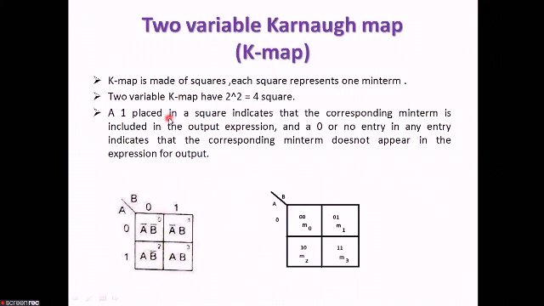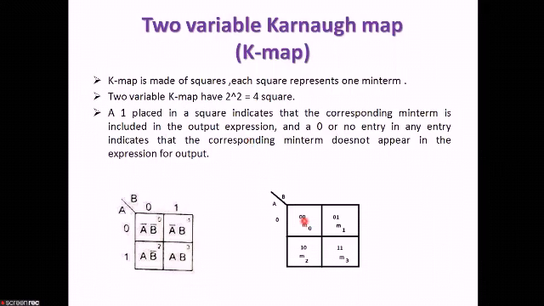Now see, a 1 placed in a square indicates that the corresponding min term is included in the output expression, and a 0 or no entry in any square indicates that the corresponding min term does not appear in the expression for output. This means that suppose in min term 0 we have 1 in the expression.